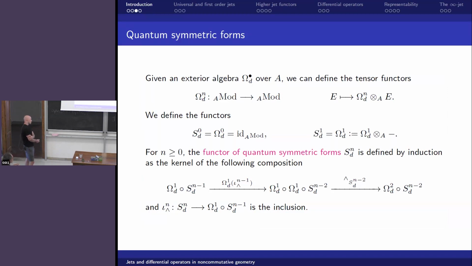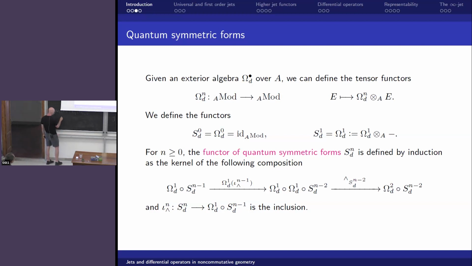So your 0 degree symmetric forms, okay, and everything here is done at the functor level. So if you view the nth degree of your exterior algebra as a tensor functor, then you can build up your functors of quantum symmetric forms in this way. So for the 0 and the 1 degree, they're pretty simple.